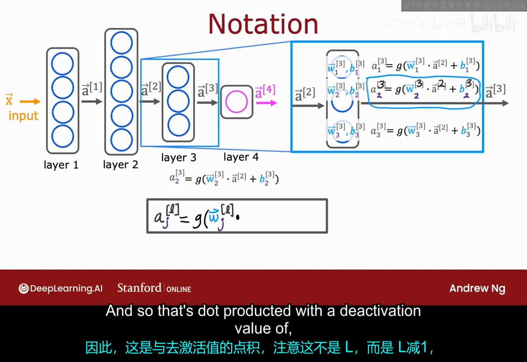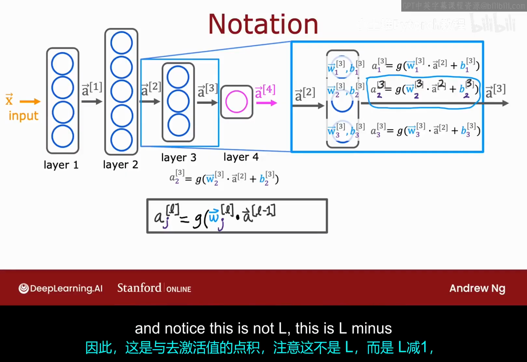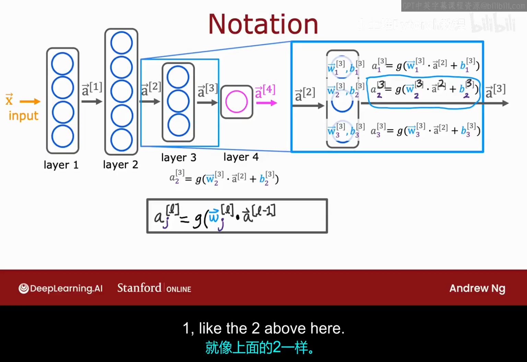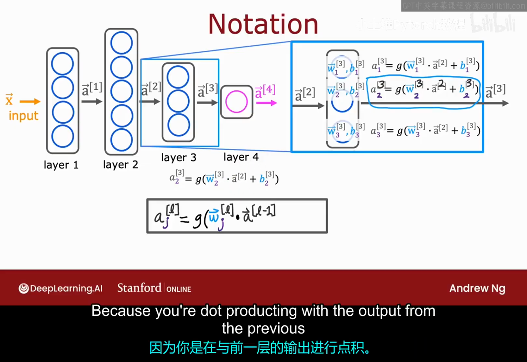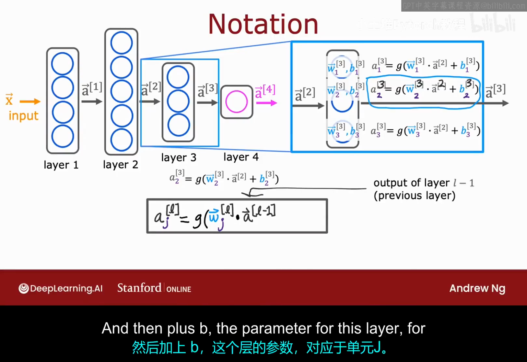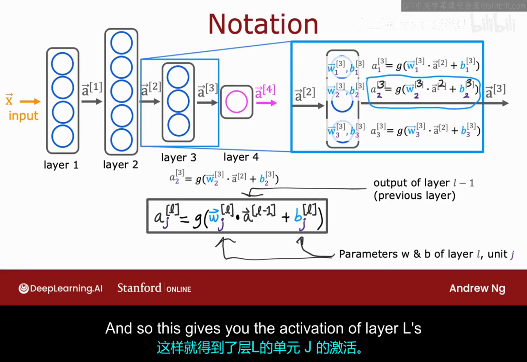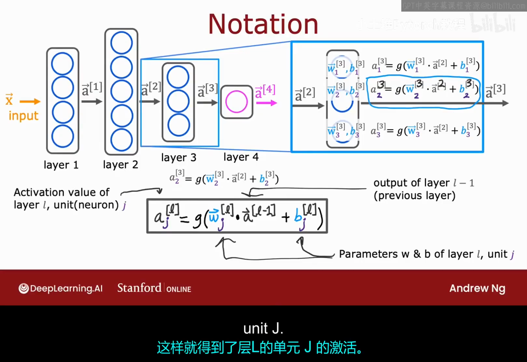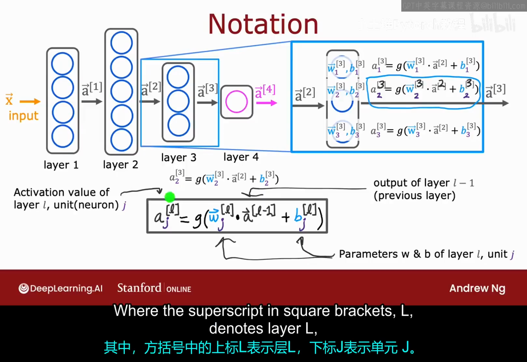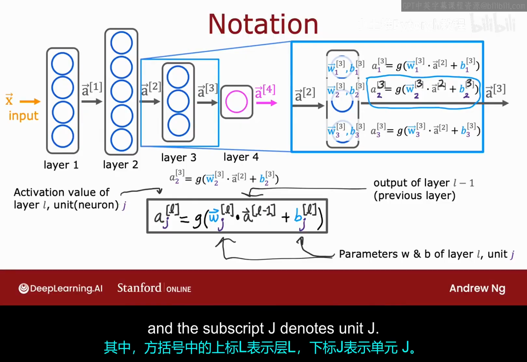And so that's dot producted with the activation value of, and notice this is not l, this is l minus 1, like the 2 above here, because you're dot producting with the output from the previous layer, and then plus b, the parameter for this layer for that unit j. And so this gives you the activation of layer l's unit j, where the superscript in square brackets l denotes layer l and the subscript j denotes unit j.